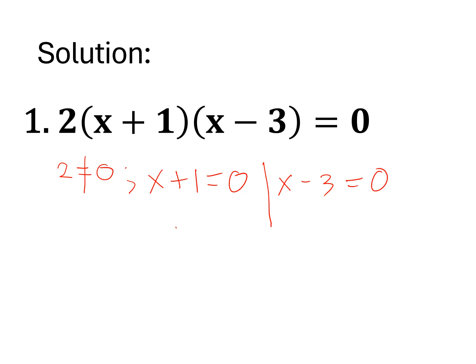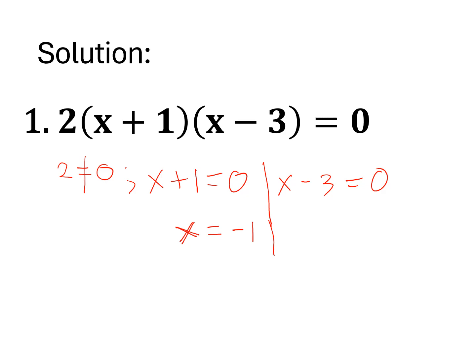We have x equals negative 1, by applying the subtraction property of equality. Next, the shortcut way is the transposition method. The x must be alone in the left side because we're solving for the value of x.